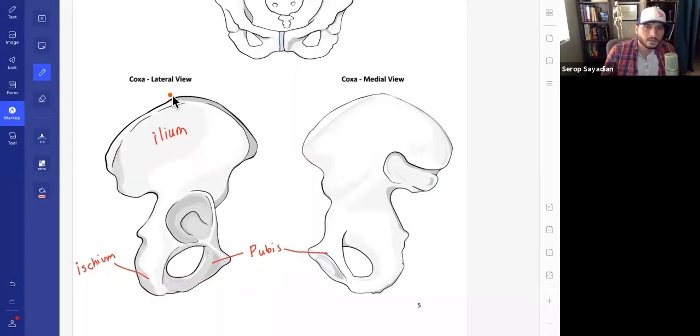Okay. So here is the iliac crest. Okay. Here is the greater sciatic notch.